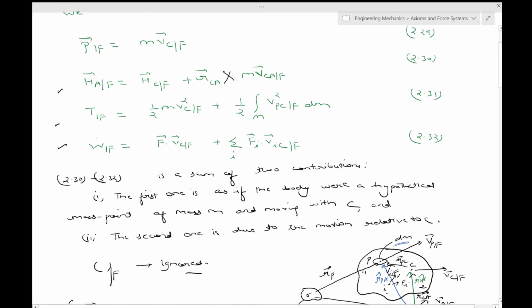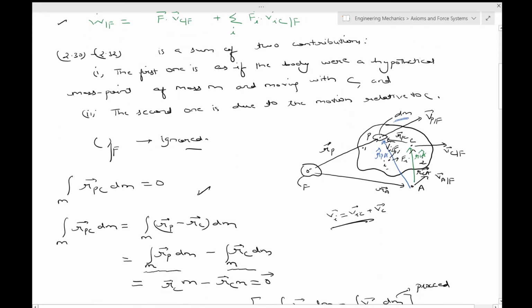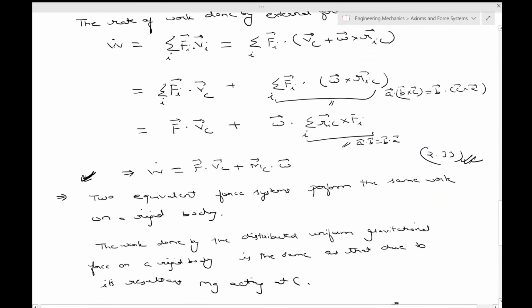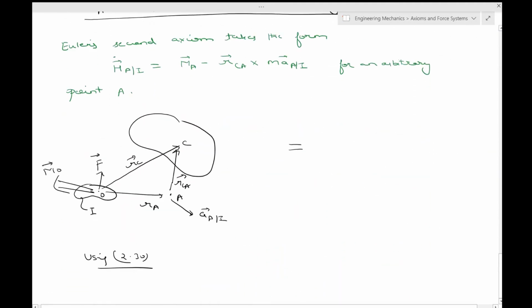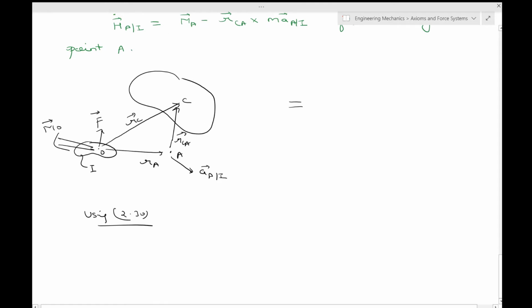Now clearly the f frame will not be there, we will only be talking in terms of the I frame, so all the f's get replaced by I. I'll write that once again. Using 2.30 we can say that HA in terms of the I frame is HC in terms of the I frame plus RCA cross MVCA by I frame.